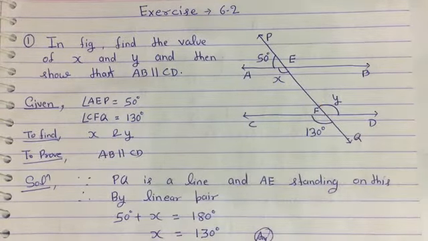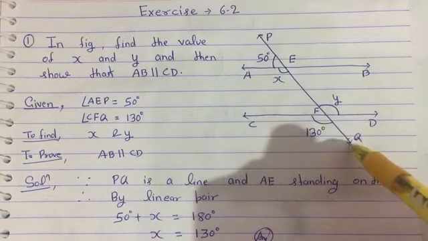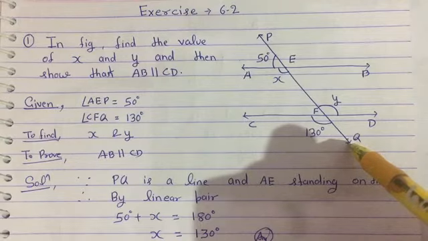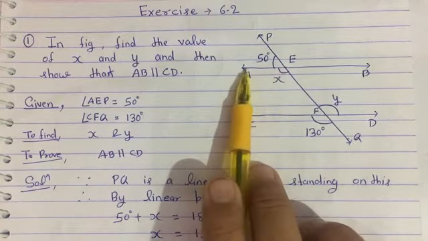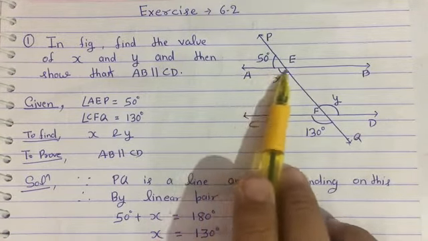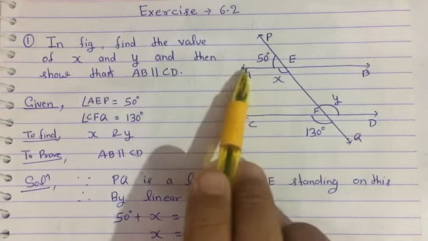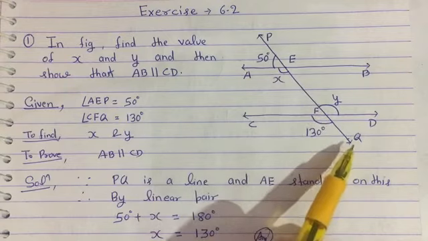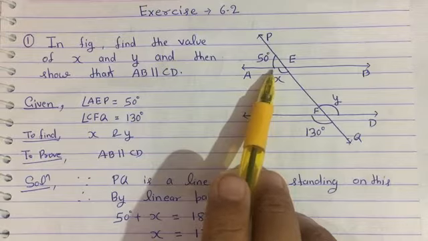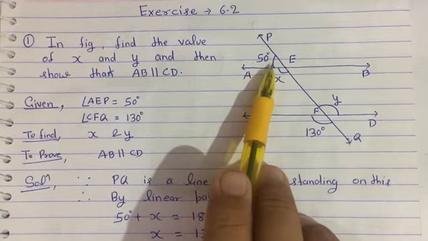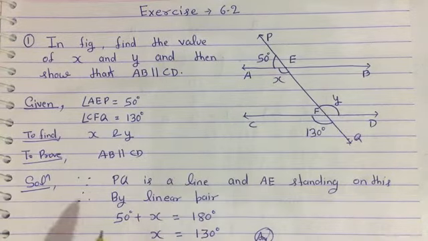So how can we find the value of x? You know, this is PQ and PQ is a line, okay, and this is ray AE, which stands on the line PQ, and you know, when any ray stands on a line it forms a linear pair, and when it forms a linear pair, then the sum of the angles is 180 degree. Okay, write it.